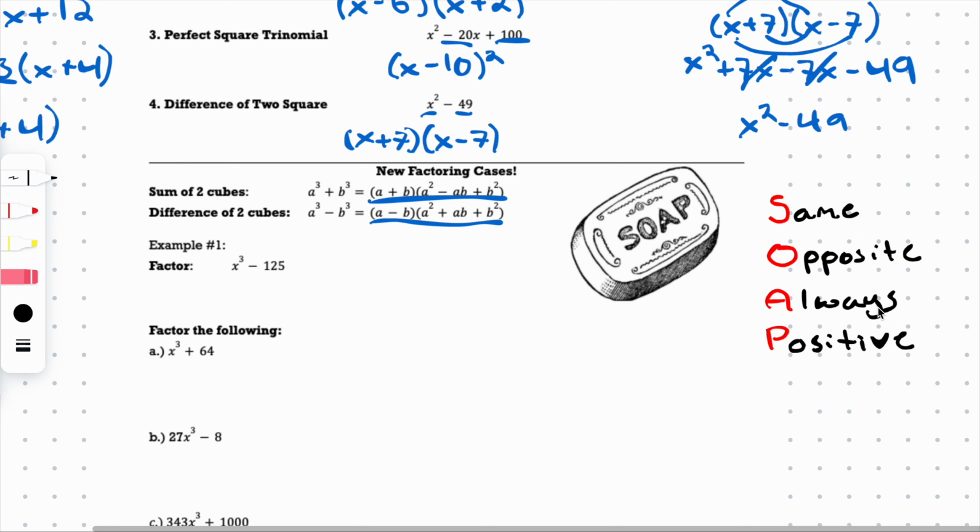So if you'll see here in our sum of two cubes, we have an addition. So we want our first sign to be the same sign, so we want a plus sign here.